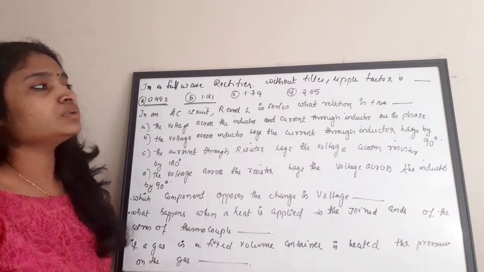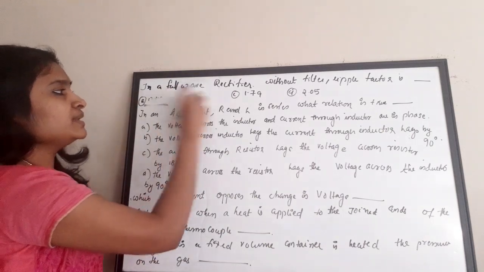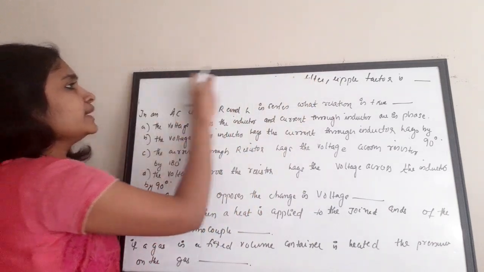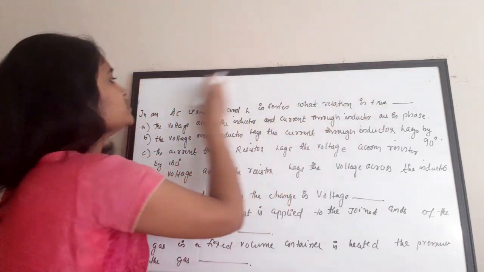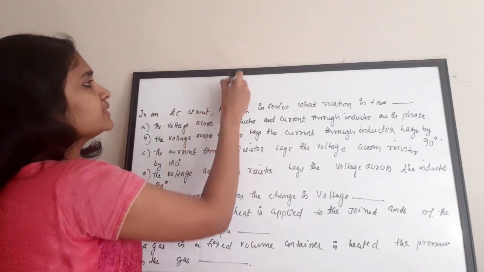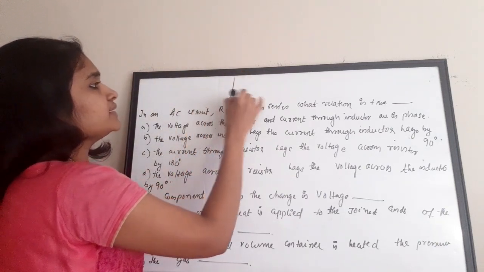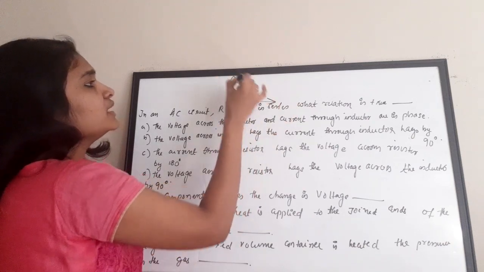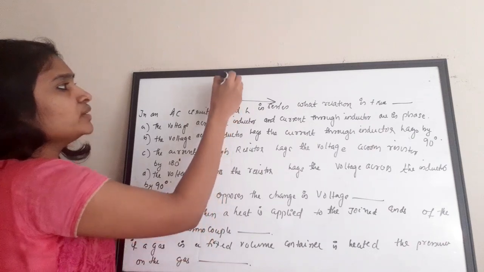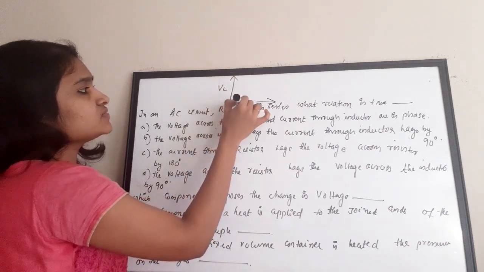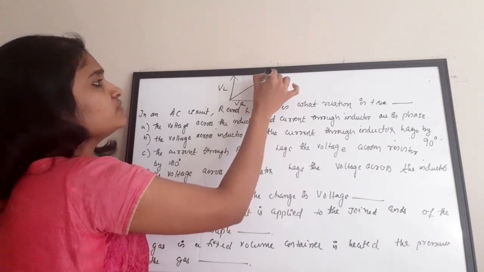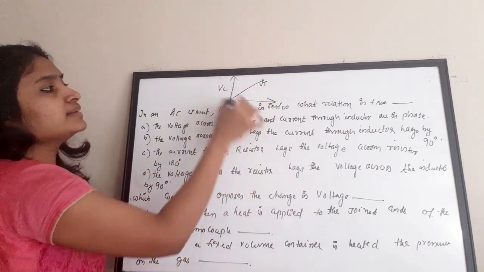So for you to be familiarized with this concept, let me just draw the diagram of current and voltage for the resistor and inductor. Okay, so the voltage relation between the resistor and the inductor: this is VL, voltage across inductor, this is VR, this is the total voltage VT, and this is the relation.